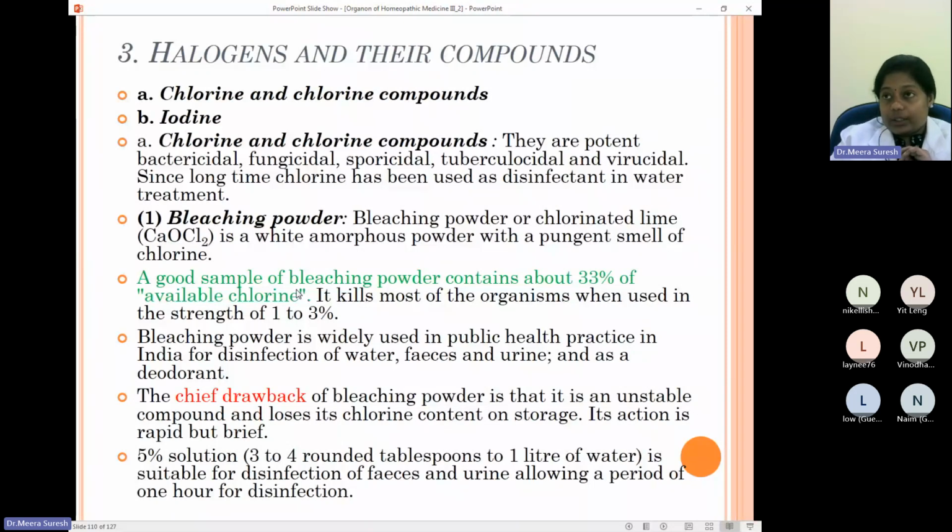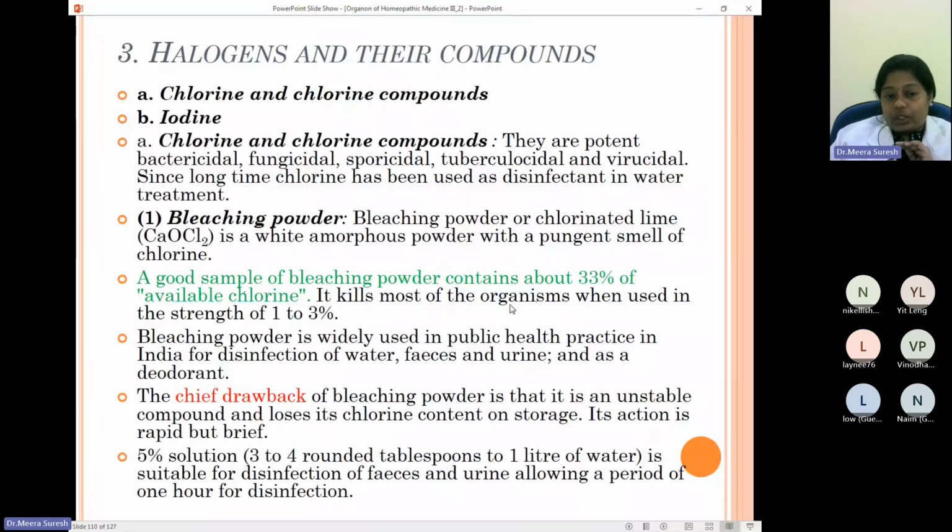So that is how the calculation works. If it is 33 percent chlorine that is available from 100 gram of bleaching powder, then we have to calculate, for the whole well which is having liters of water, how much bleaching powder should be added to disinfect. So for this calculation they use the term available chlorine. So when we say a good sample of bleaching powder, it should be having 33 percent of available chlorine.